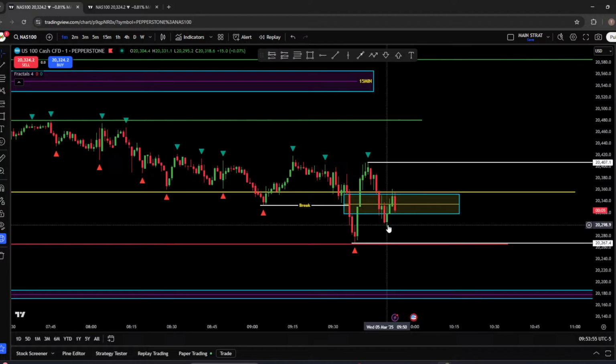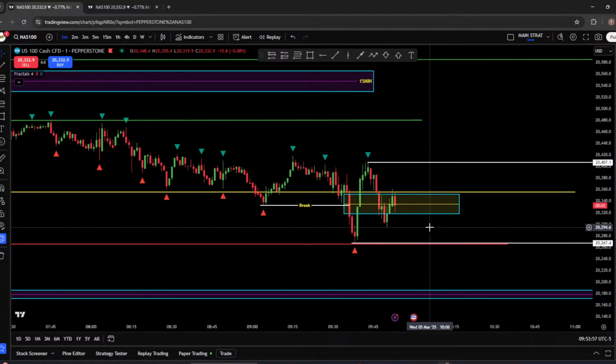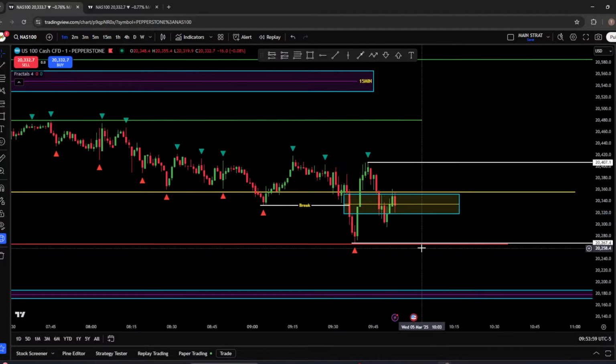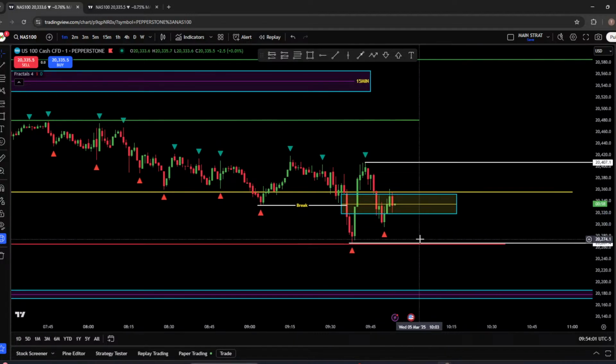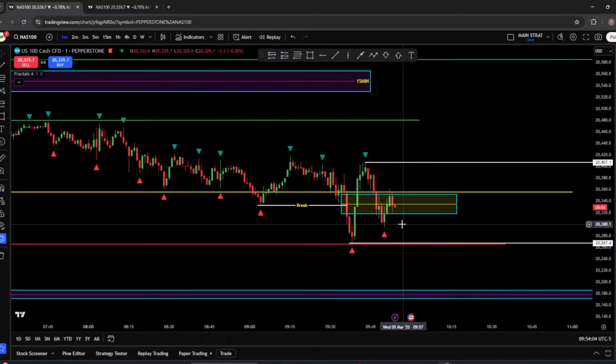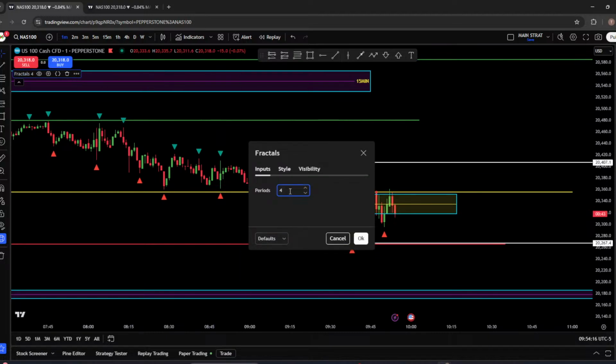I feel like it should have printed a fractal there. I actually don't like that at all. Why not print?